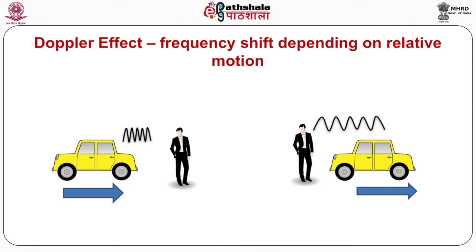Why? Because there is relative motion between the source and the observer. In case 1, the source is moving towards the observer, and in case number 2, the source is moving away from the observer. Therefore, there is a frequency shift that can be perceived as the difference of the frequency of the horn, and this is the heart of the Doppler principle.